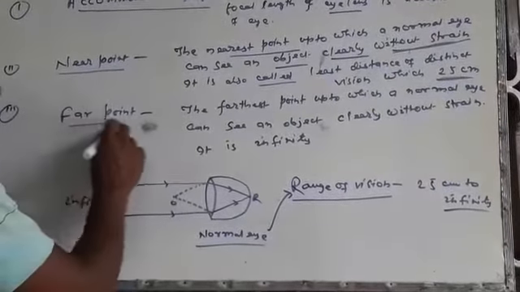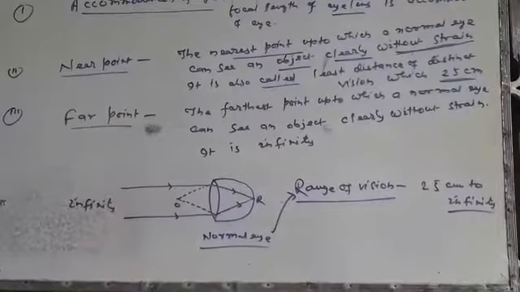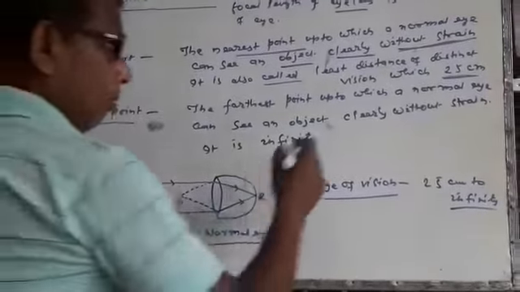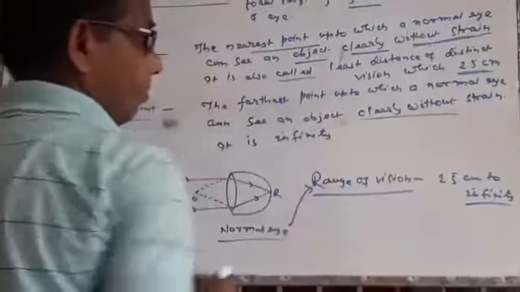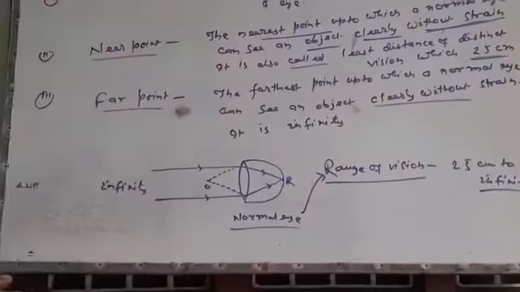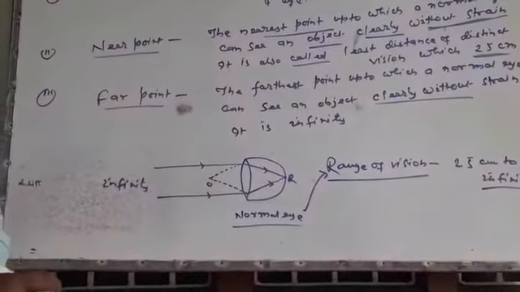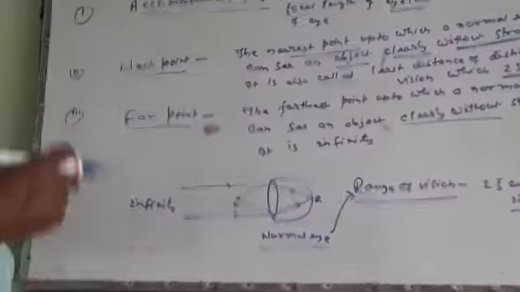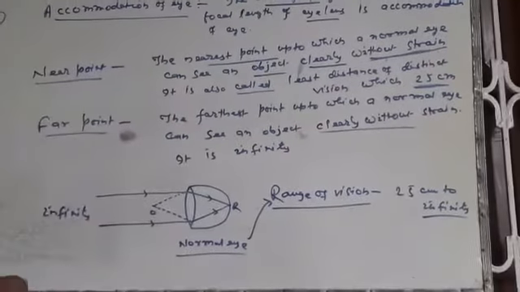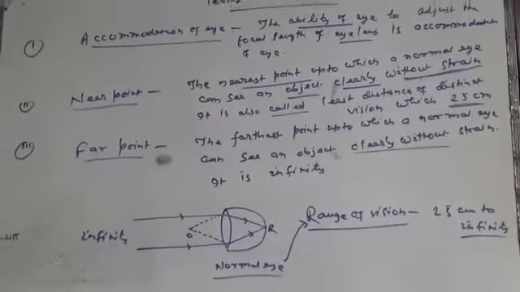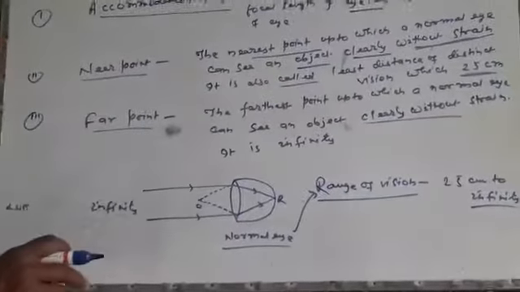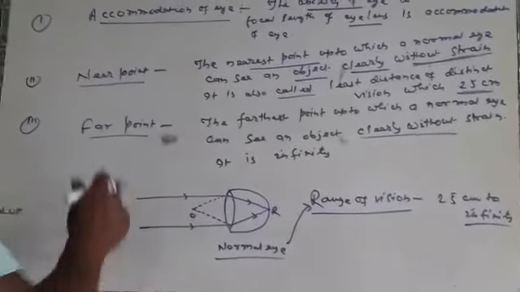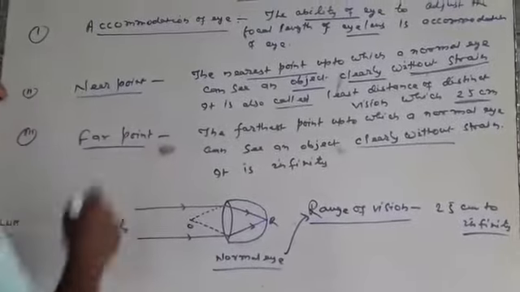The next term is far point, the farthest point up to which a normal eye can see an object clearly. If I am able to see something before my eyes, the maximum distance up to which we can see the object clearly, without any problem, without any strain in our eyes, is known as the far point.